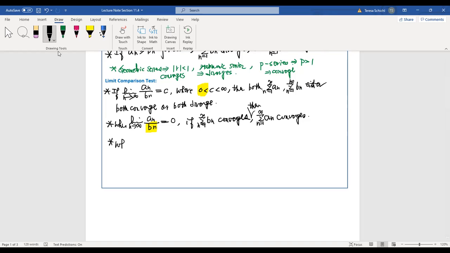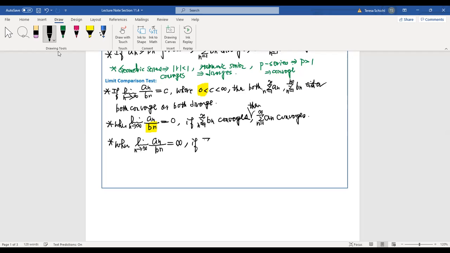Now the next thing: if the limit as n approaches infinity of an over bn is equal to infinity, that means an is going to run a lot faster.